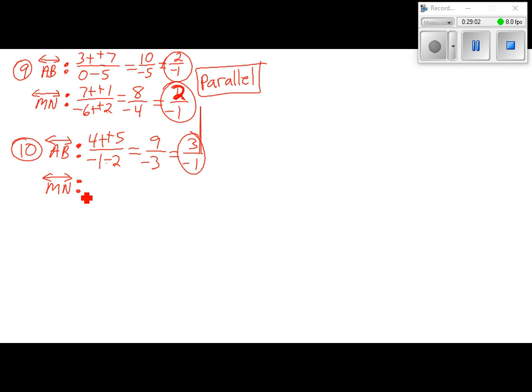Same thing. Our y's are 2 and 0, so 2 minus 0. Our x's are negative 3 minus a negative 1. Change that to plus. 2 minus 0 is 2. Negative 3 plus 1 is, hold on, did I write something wrong here?